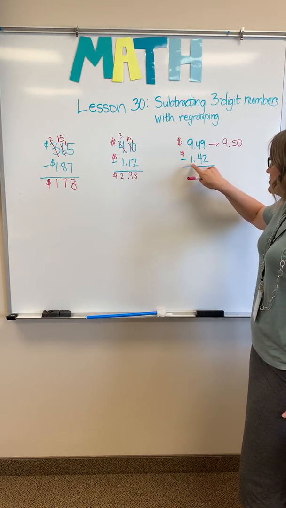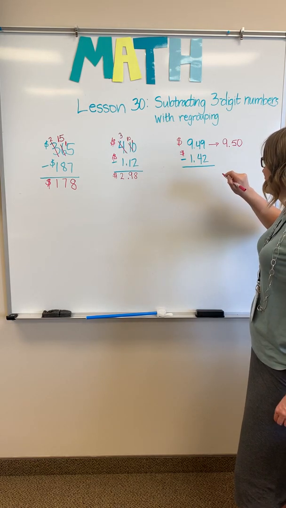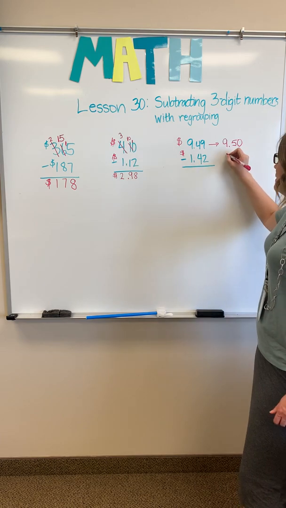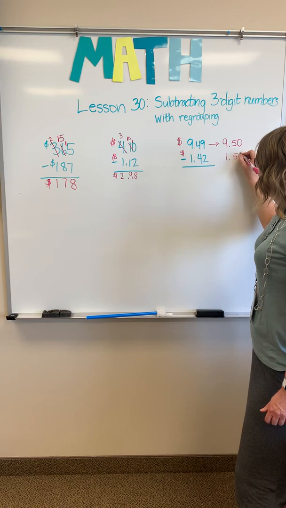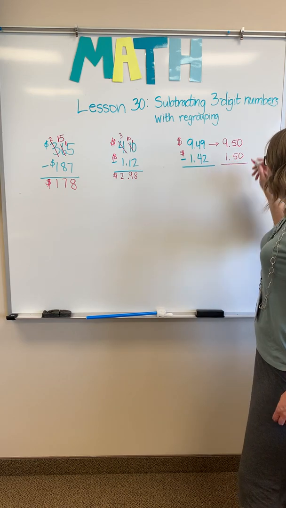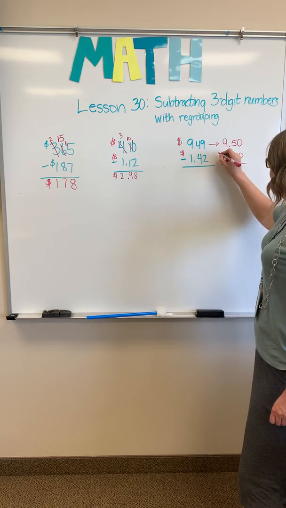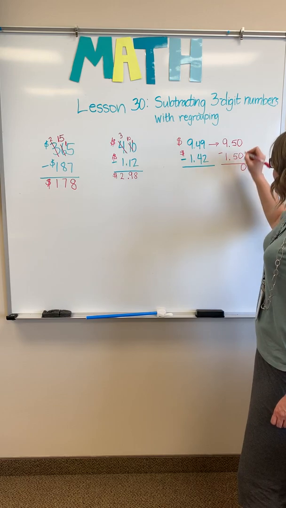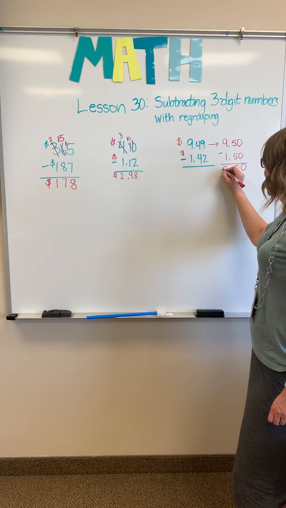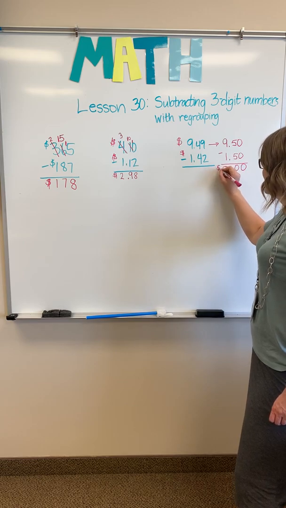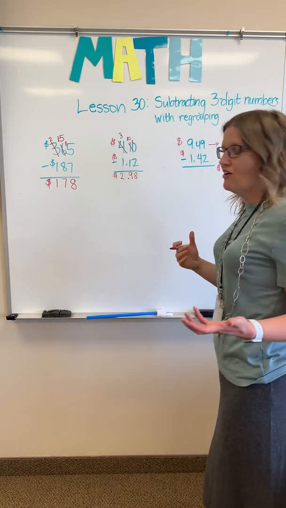And I can also say $1.42 is about $1.50. And so we subtract these. 5 minus 5 is 0, 9 minus 1 is 8. The item is going to be about $8.